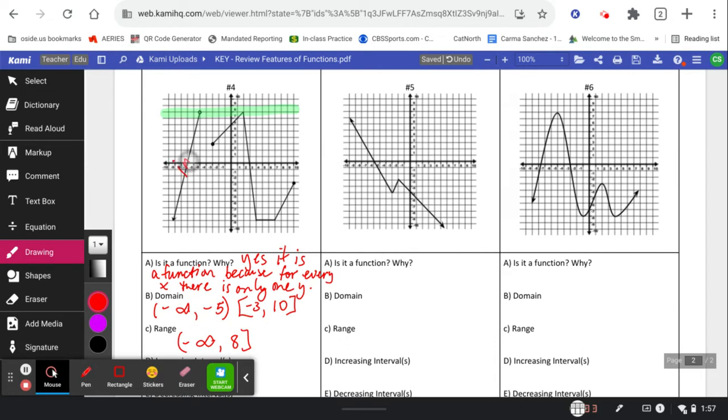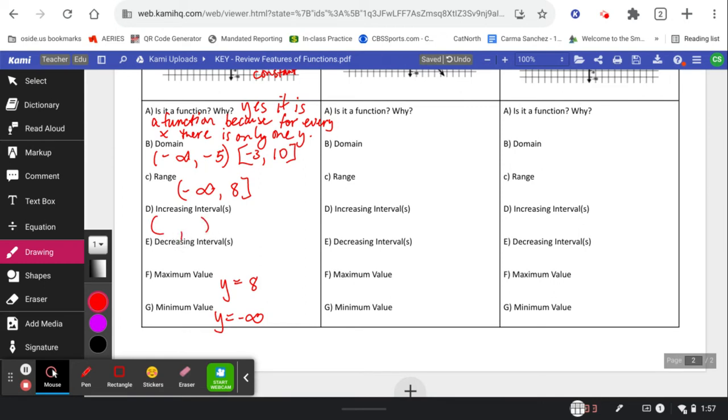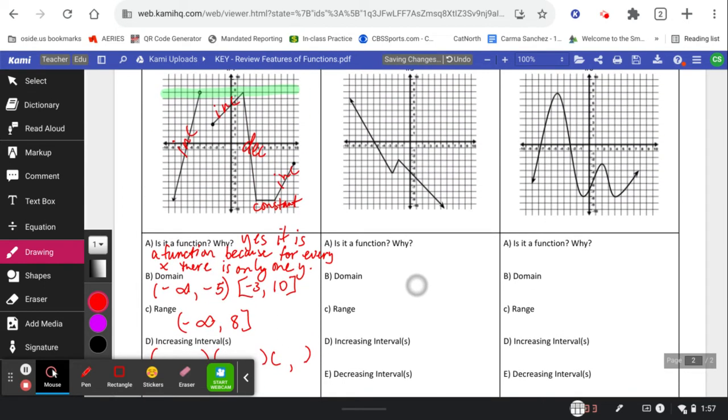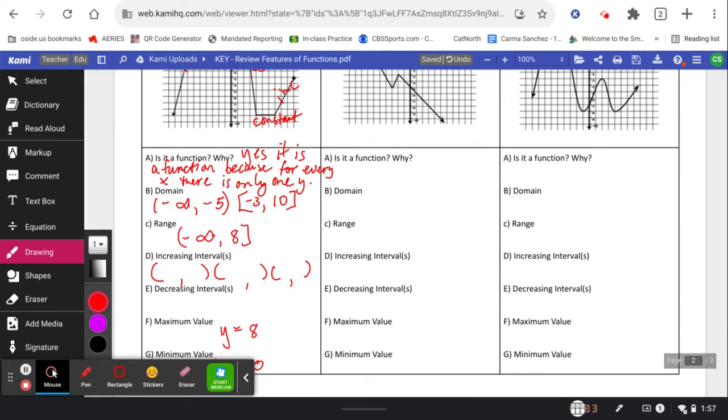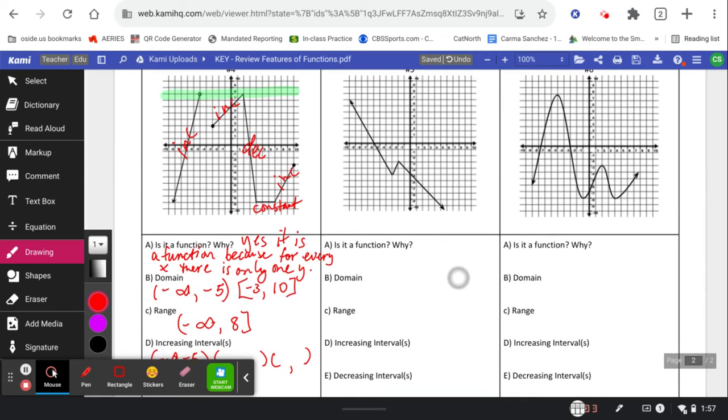Increasing interval is going to be this one, and this one. So there's 3 sections of increasing, 1 section of decreasing, and 1 section of constant. Increasing from negative infinity to -5. Increasing from -3 to 2.